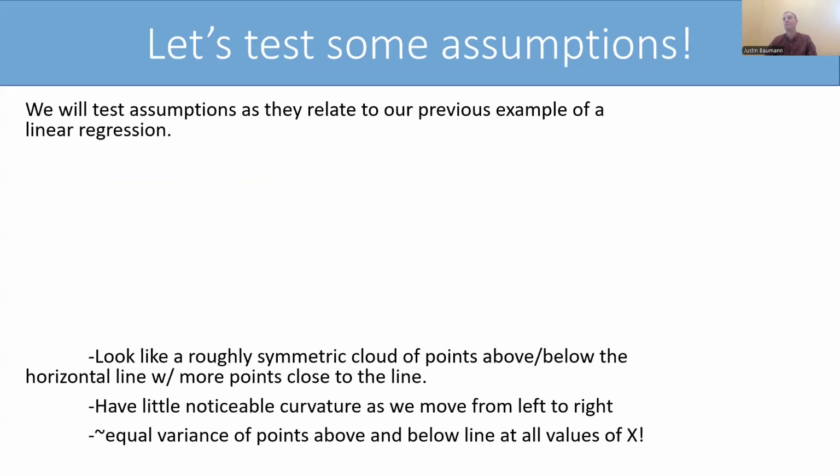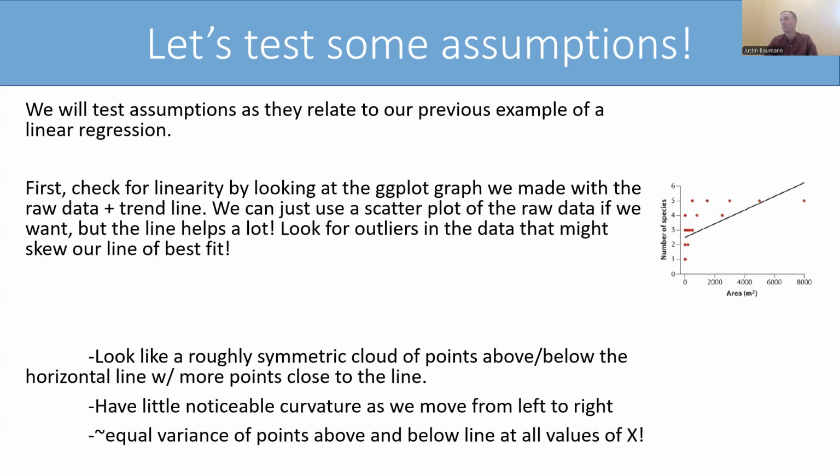Okay, let's test some assumptions. We'll test assumptions as they relate to our previous example of a linear regression. We're going to check for linearity of the relationship between area and number of species. We check for linearity by looking at the ggplot that we made with the raw data plus the trend line. So this is actually not our example.